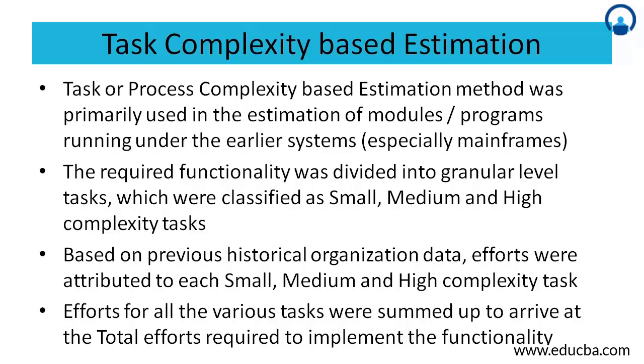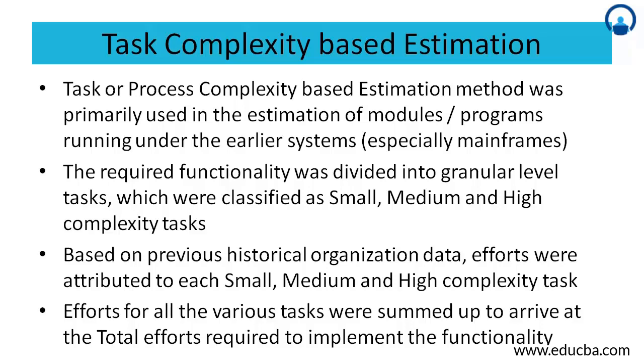Then using your previous historical organizational data, the efforts were attributed to each small, medium, and high complexity task. So for example, based on the organizational data, one would say for a small complexity task my effort would be 3 days, medium 5 days, and high 9 days.